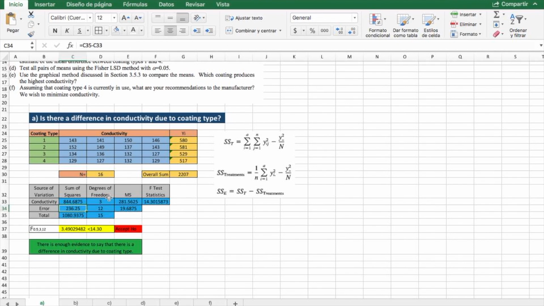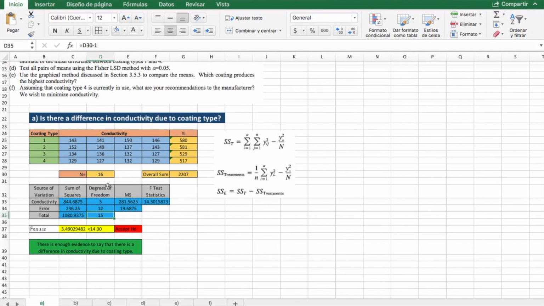Then you have to get the degrees of freedom. To obtain the degrees of freedom of conductivity, you have to see how many rows or types you have in the table. In this case it is 4, and you have to subtract 1. So it's 4 minus 1, 3. To obtain the total, you have to check the amount of all the numbers and subtract 1.